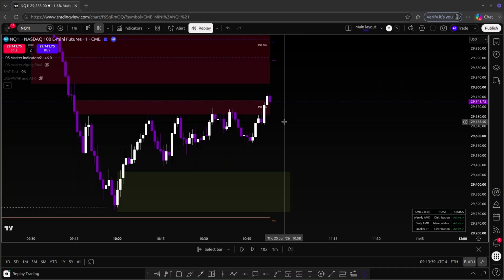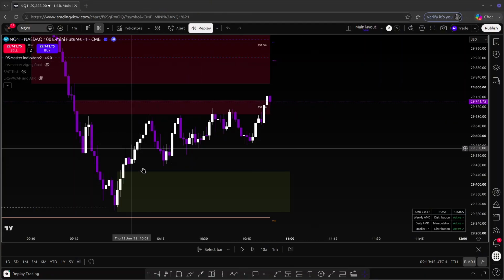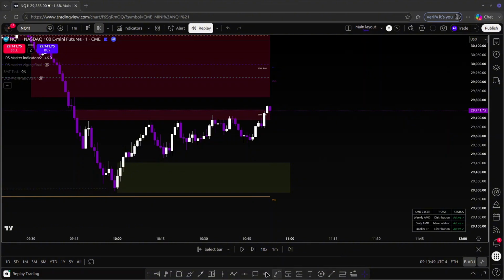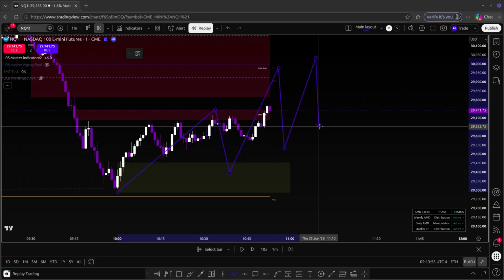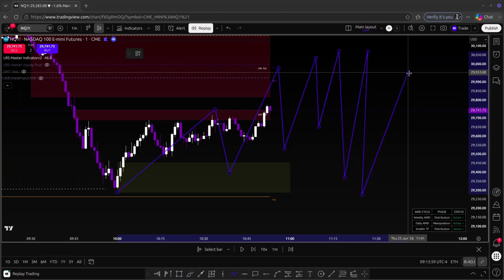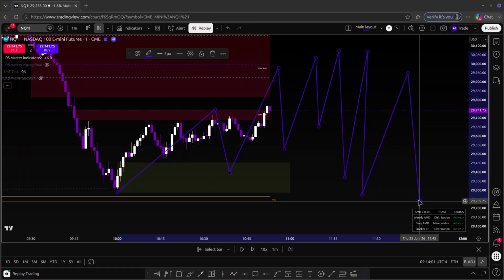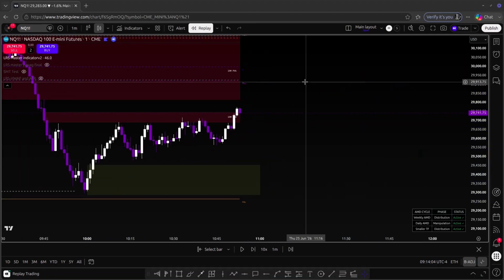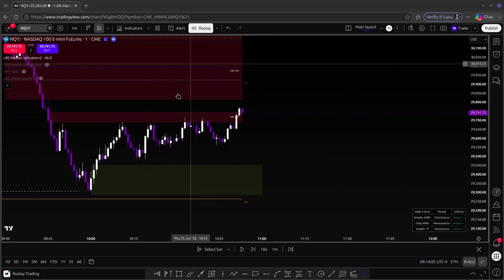Therefore, smaller time frame market maker models are going to play out on this overall higher time frame market maker model of perhaps continuing in a bullish consolidation rather than going anywhere, or just expect the market to consolidate sideways and then continue going lower, right? Either way, once again, I'm tracking both sides of the market.